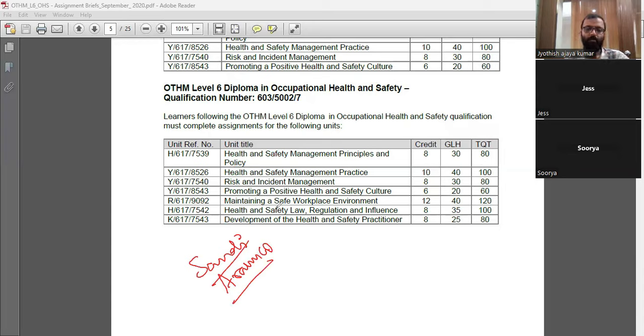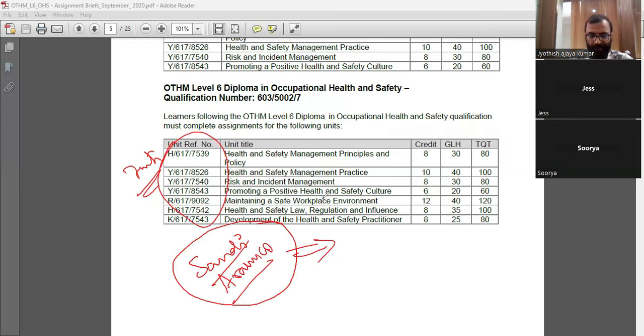Now, in order to complete this level 6 diploma, you have to complete these 7 units, and in these 7 units you have to develop these 7 criteria for any selected company. For now, I am taking Saudi Aramco as the company, but you can take any company.